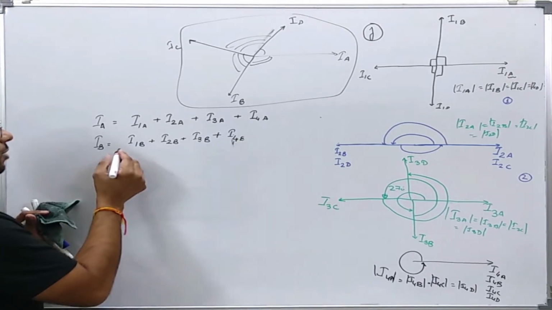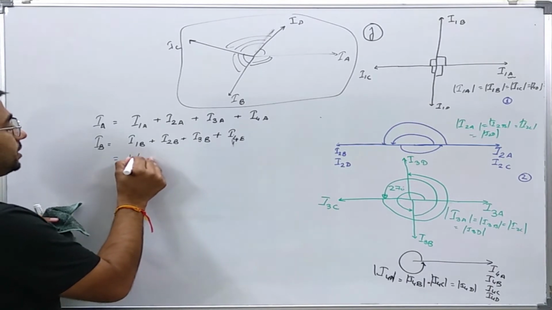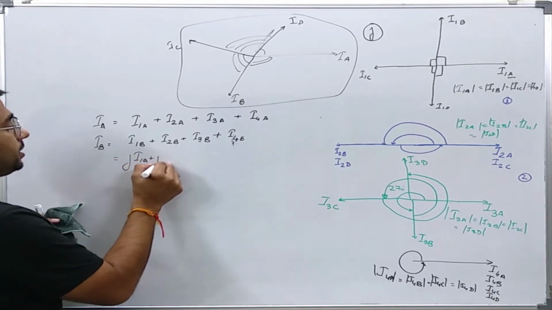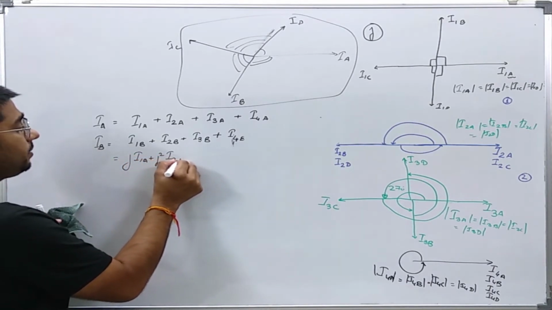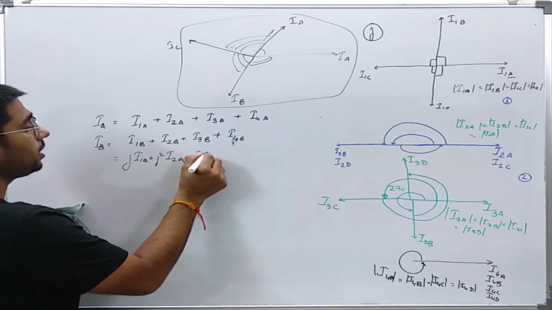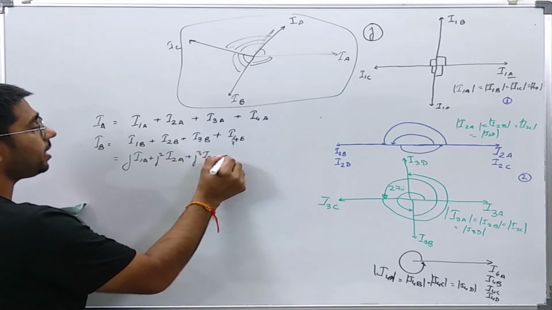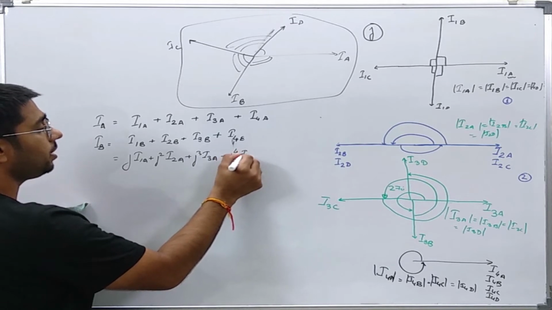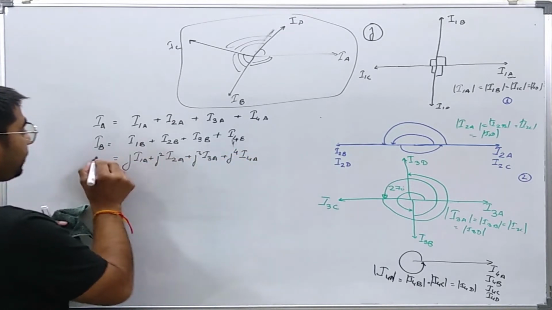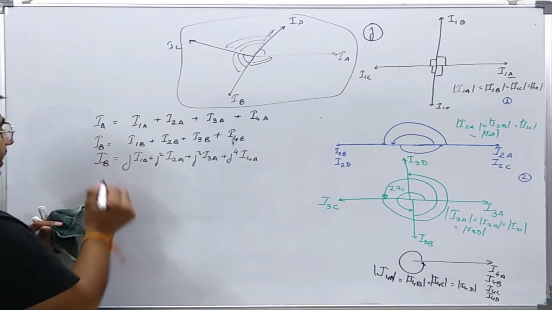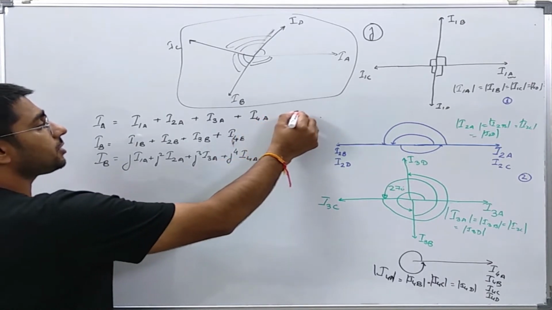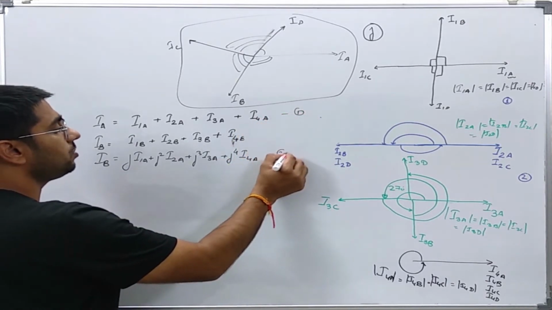So IB comes out to be J I1A, J squared I2A, J cube I3A, and J4 I4A. Okay, let us say this is equation 1, this is equation 2.